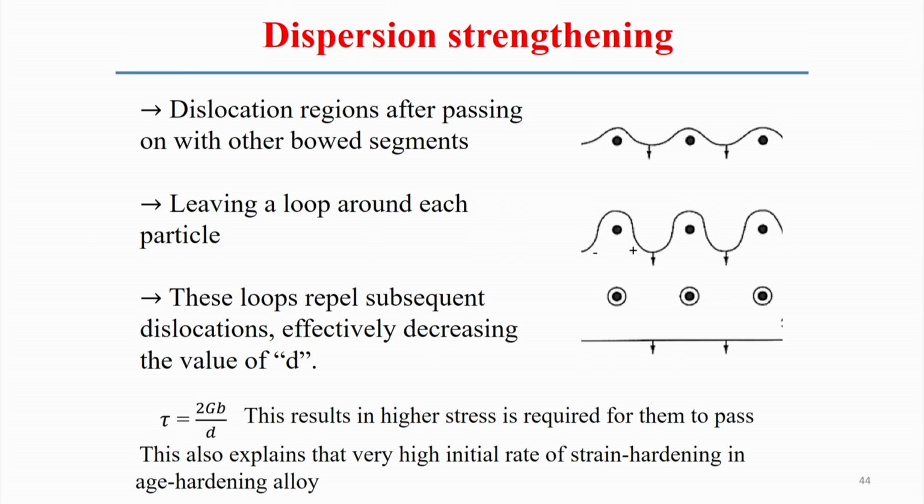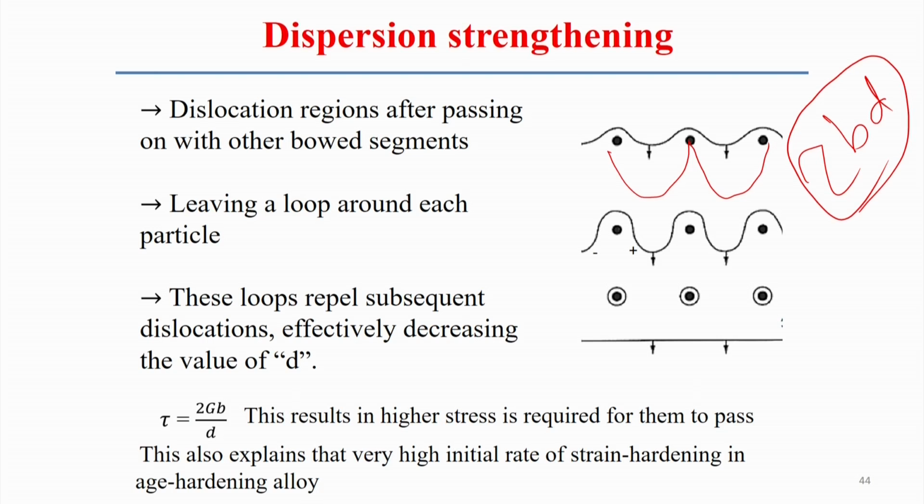Now the mechanism is like this. These are the particles, and this is the dislocation. It is subjected to the dislocation force per unit length, and the total dislocation force is τbD. The stress field is basically the shear stress τ.